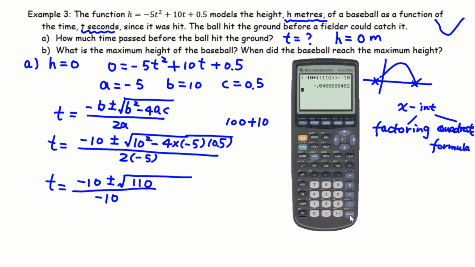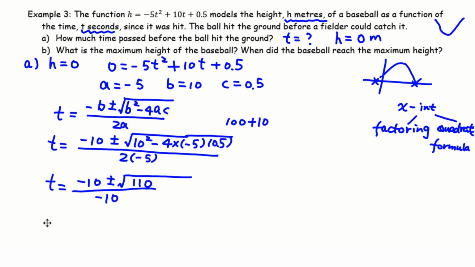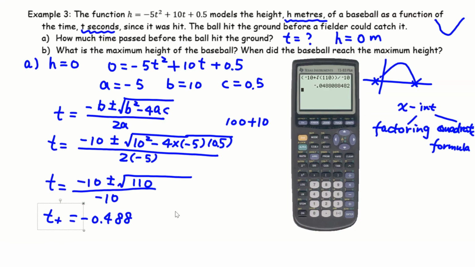We have negative 0.488. So that is for the t plus. So t plus equals negative 0.488. Then we are going to see the minus.